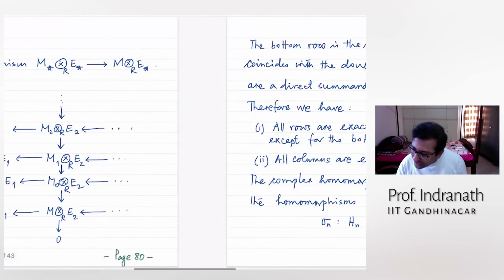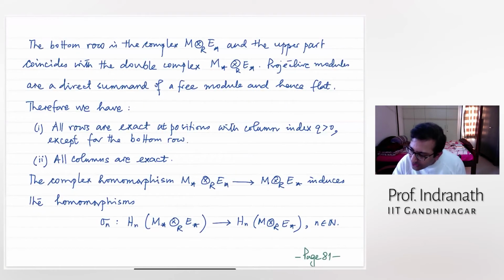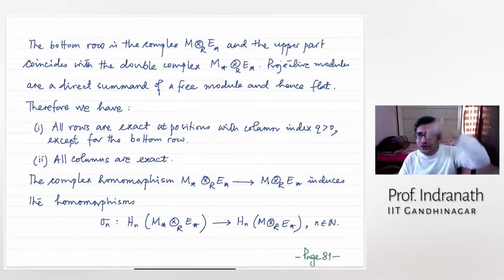Okay, so now the bottom row is the complex this, and the upper part coincides with the double complex, and projective modules are direct summands of free modules and hence flat, and therefore all rows are exact at positions with column index q greater than 0. That's all right. And all columns are exact. That is also not a problem, because you have all these projective modules.